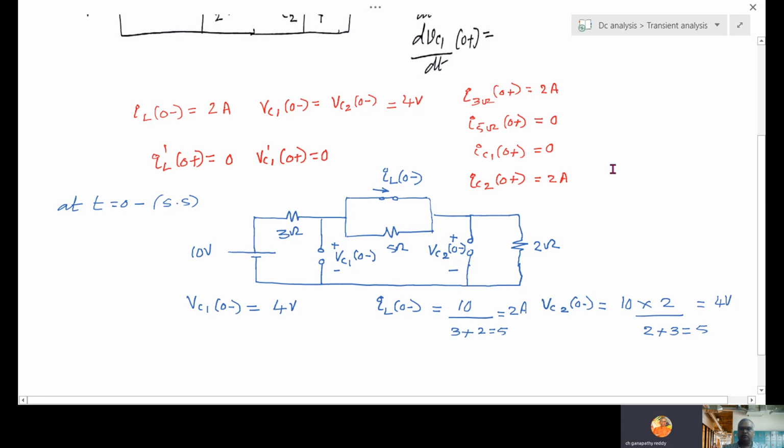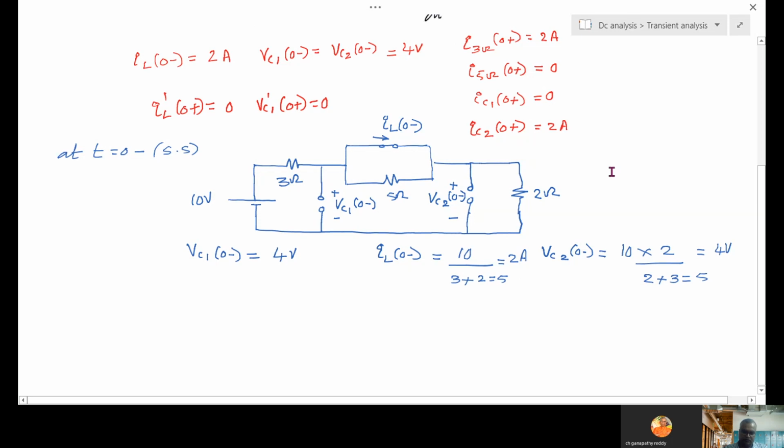Next, 0 plus. Now draw the equivalent circuit again at t equal to 0 plus. So at t equal to 0 plus, what is the rule? Capacitor is replaced with a voltage source of 4 volts.